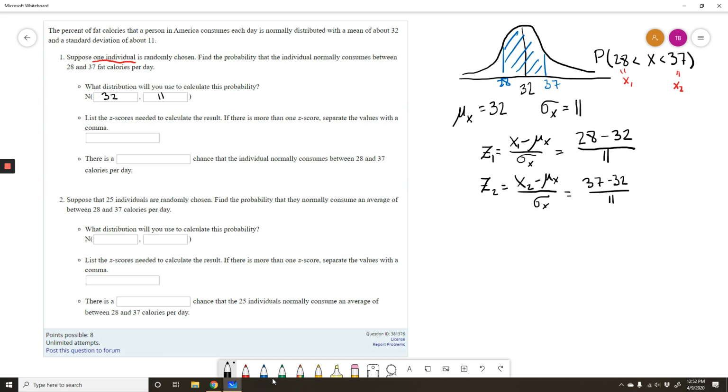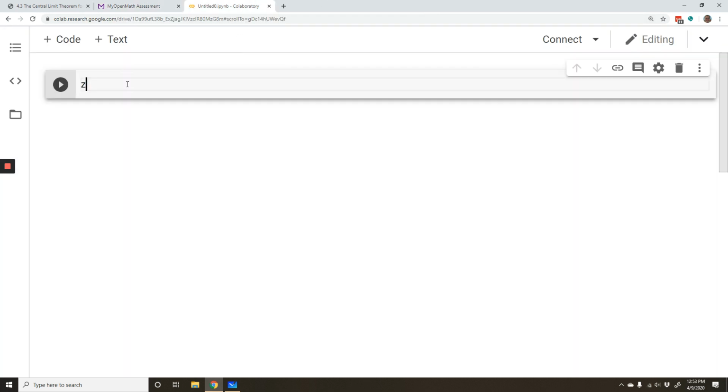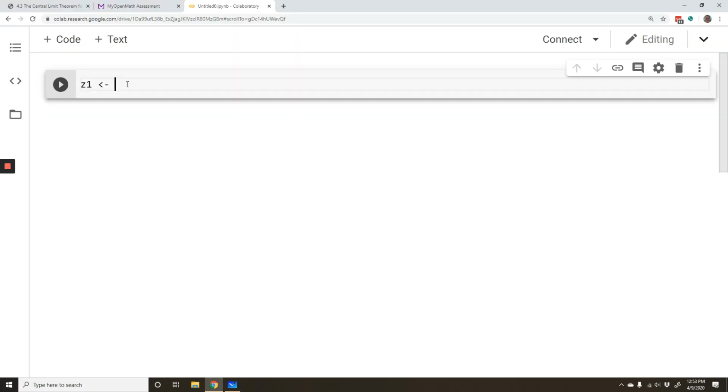So let's go to the notebook and calculate both those out. So z1 is going to be 28 minus 32 over 11. So remember those parentheses, 28 minus 32, that's what goes on top, divided by 11.